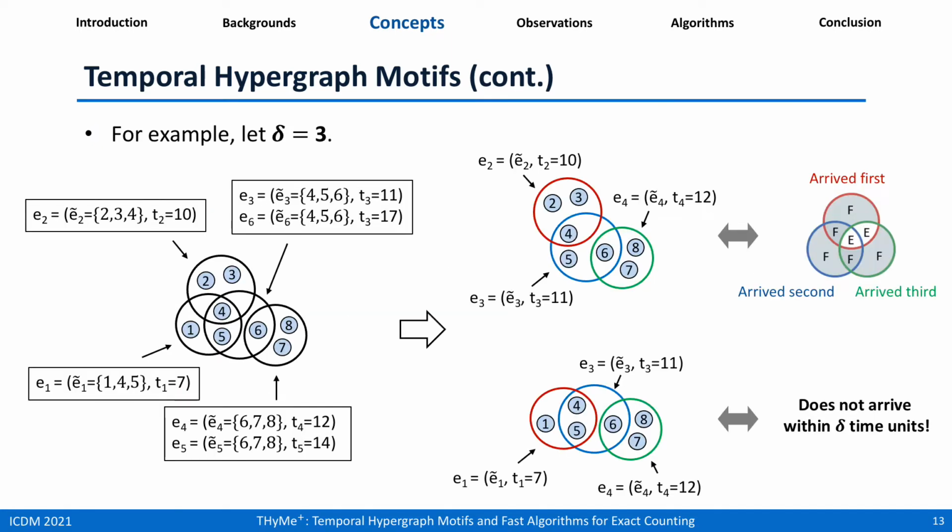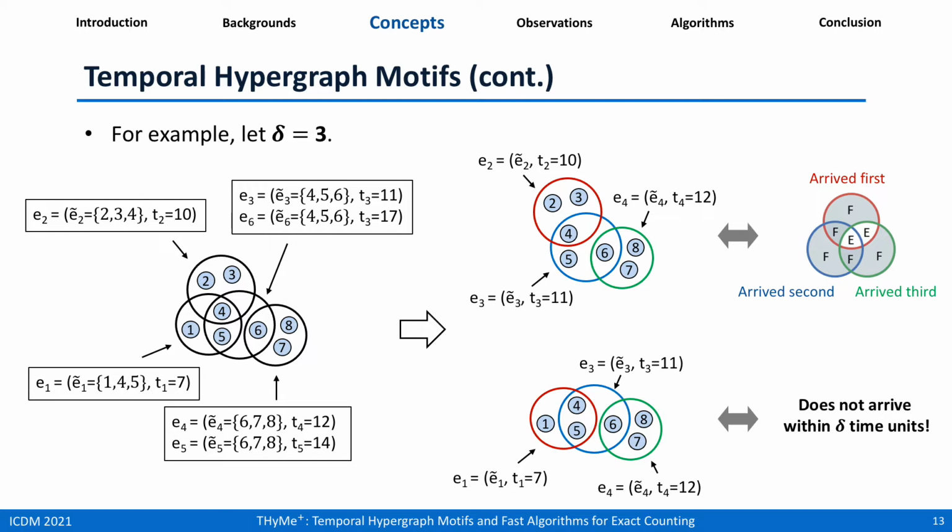Consider a temporal hypergraph of 8 nodes and 6 temporal hyperedges, and let's assume that delta is 3. A sequence of 3 temporal hyperedges E2, E3, and E4 is an instance of TH-motifs. They are connected and arrived within delta time. On the other hand, a sequence of E1, E3, and E4 is not an instance of TH-motifs, even though they are connected, since they do not arrive within delta time.